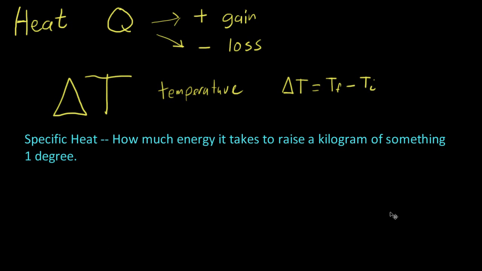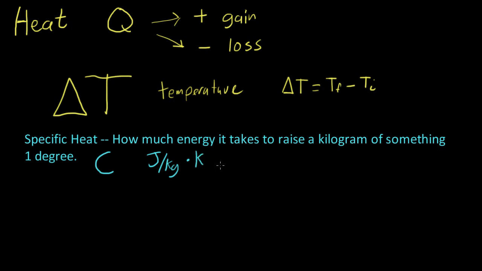That's specific heat. And specific heat, the notation for that is a capital C. And the unit of this is really weird. It's a joule per kilogram times Kelvin.